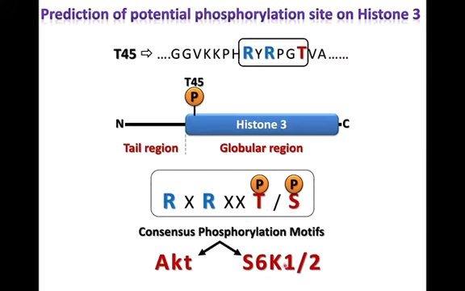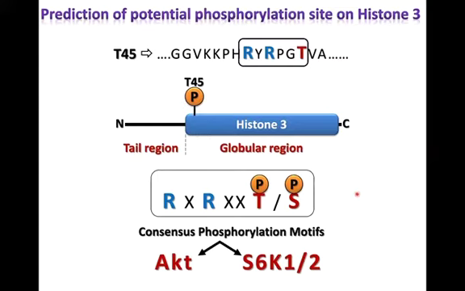The class of protein that is responsible for phosphorylation of this T and S in this sequence was found to be either AKT or S6K1 and 2. So let's see which of these 3 kinases is actually responsible for the phosphorylation of the T existing in this location.